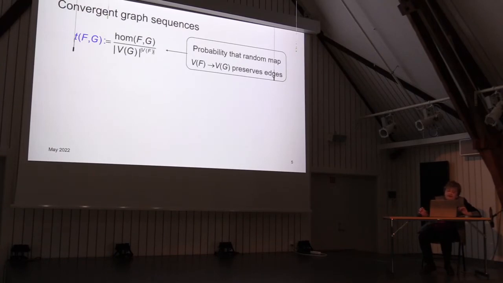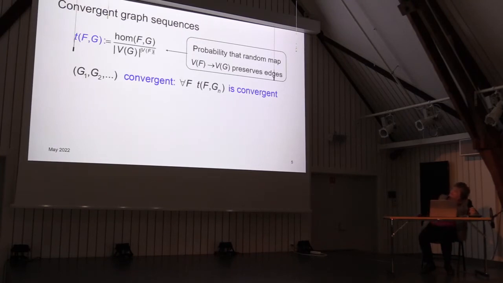Now, this t(F,G), the density of F in G, is defined like that, and we will use this for the convergence. A sequence of G's is convergent if for every F the density of F in Gn is convergent. Since these are numbers, we know what it means that they are convergent.